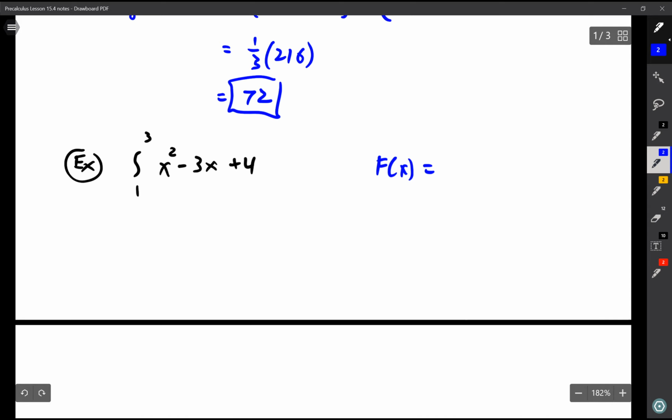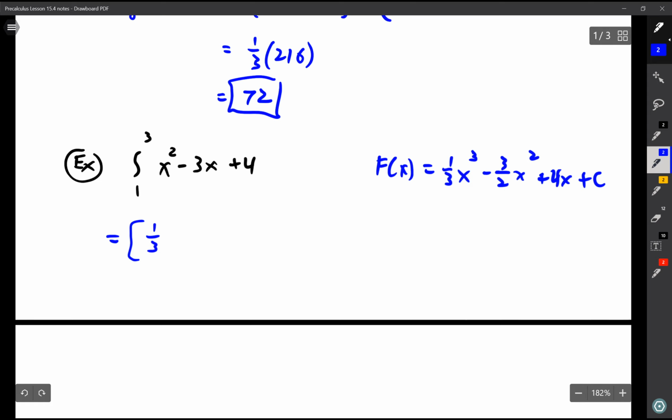That is going to be 1/3 x cubed minus 3/2 x squared plus 4x plus c. Okay, so now we plug it in with the ending x value first. I'm going to do brackets this time to separate the two.